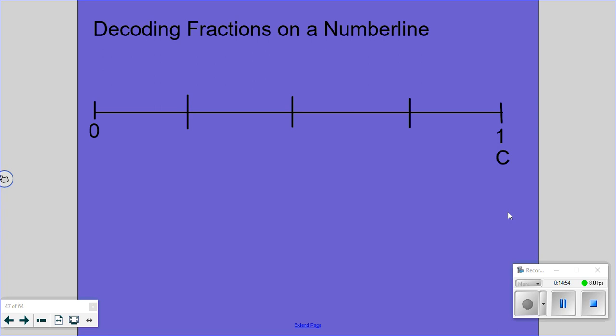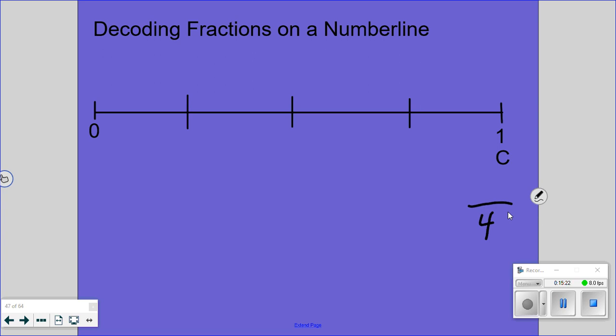So that tells me my denominator is definitely going to be 4. How do I figure out the numerator, though? We counted the jumps.